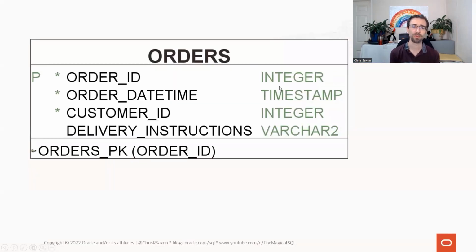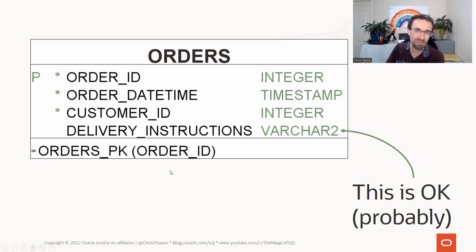So we could create an orders table with an optional delivery instructions column. And I say that's nullable because not everyone will supply these. And in this instance, okay, we could create another table to store these, but actually, this is probably okay. Still not brilliant. We still allow nulls.